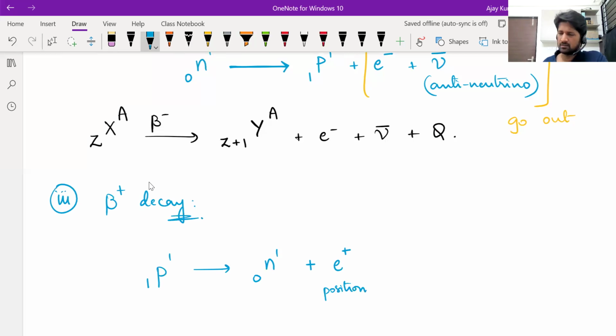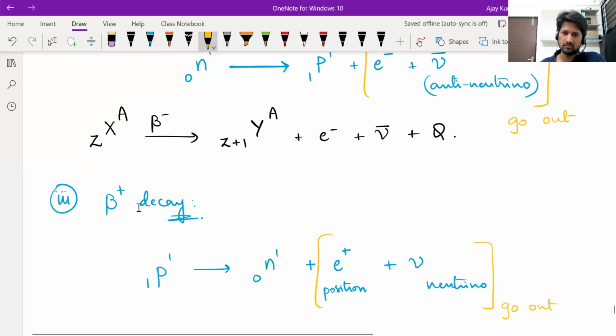Okay, a positron is another fundamental particle. It has the mass of an electron but the charge of a proton. So a positron and something called a neutrino. This positron and neutrino are expelled out of the nucleus. The neutron that is formed stays inside the nucleus.